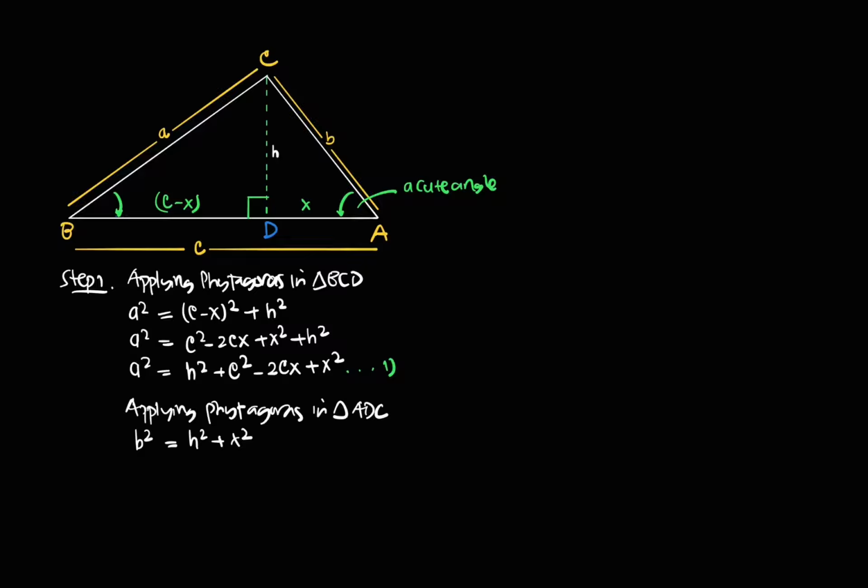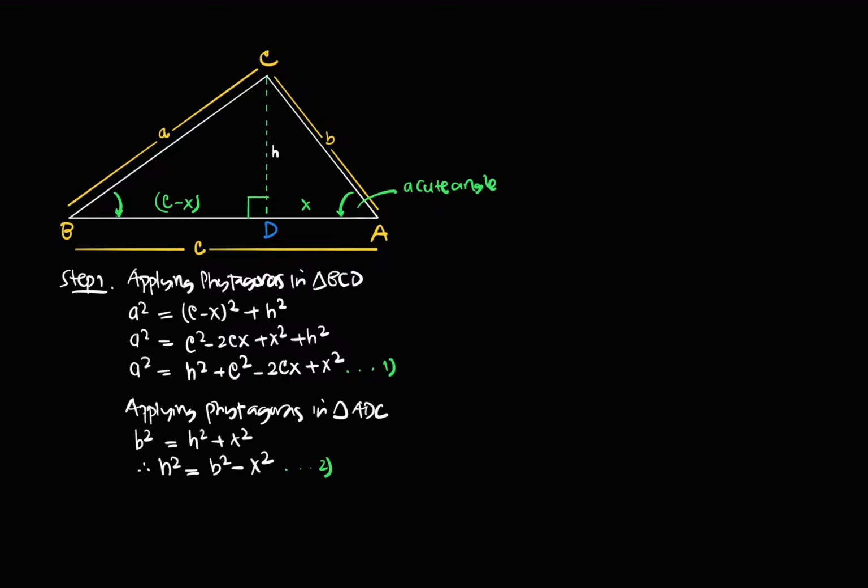Or you can change that into h squared equals b squared minus x squared, and label this as the second equation.